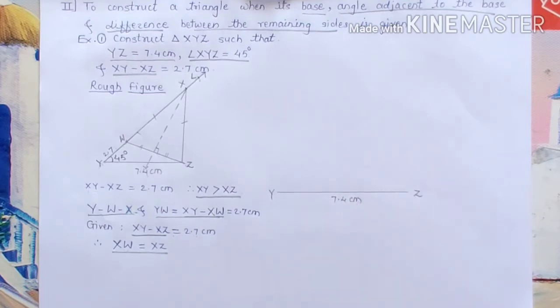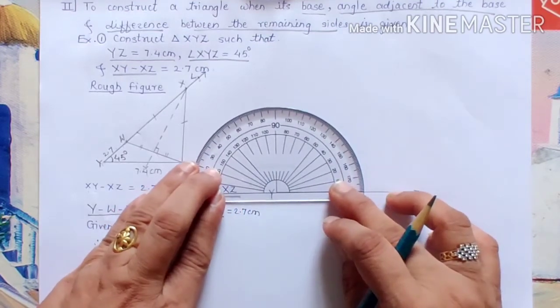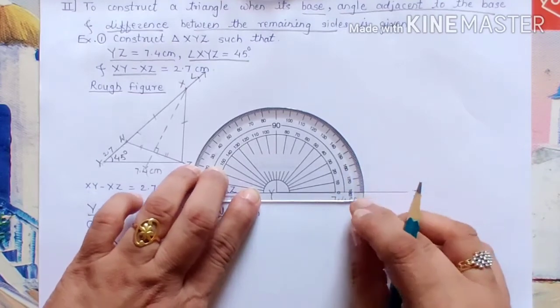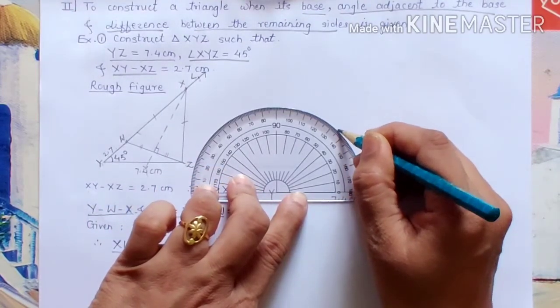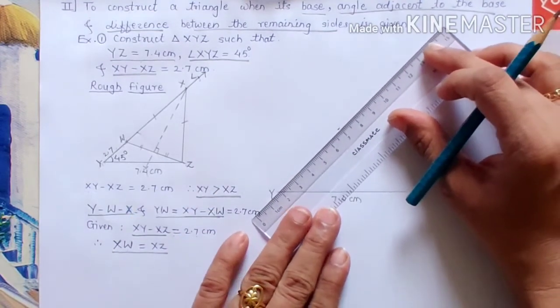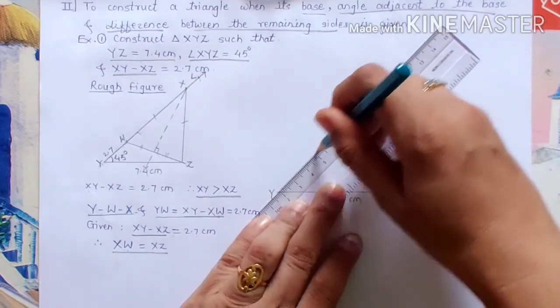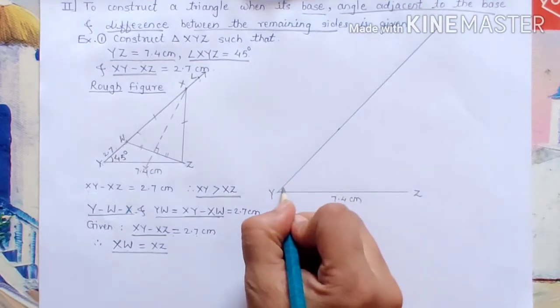Then measure angle Y of 45 degree. Draw this ray making an angle of 45 degree with this segment YZ.